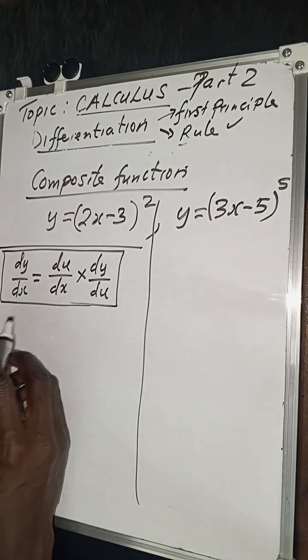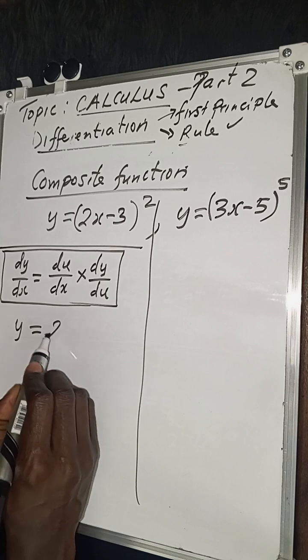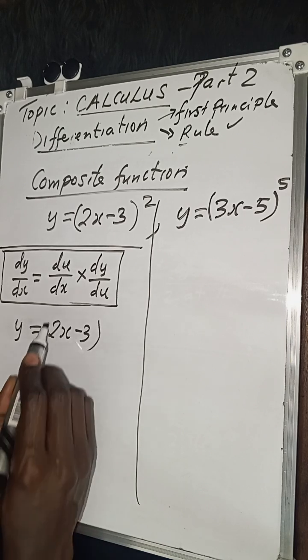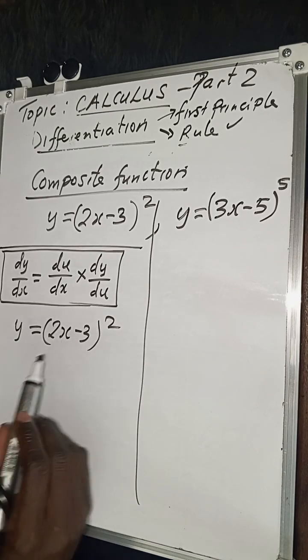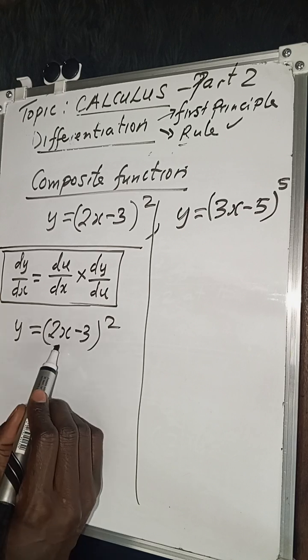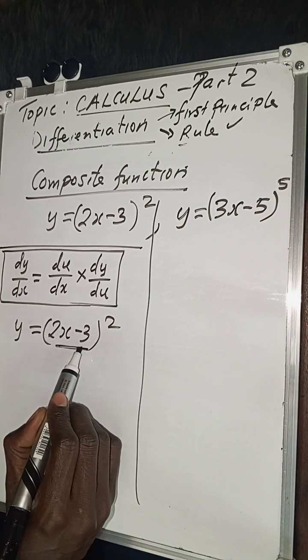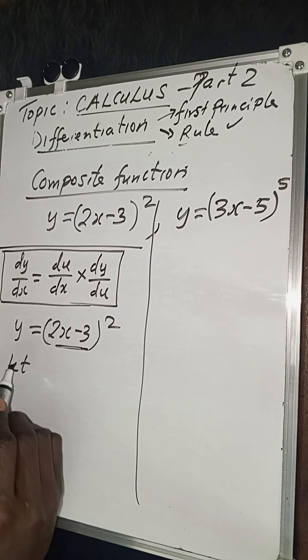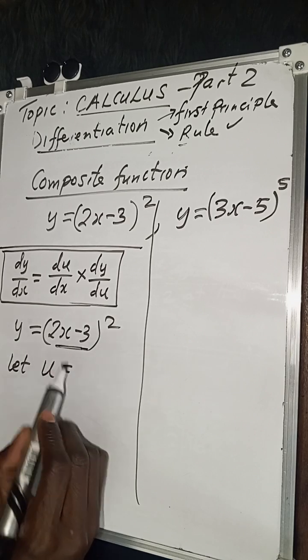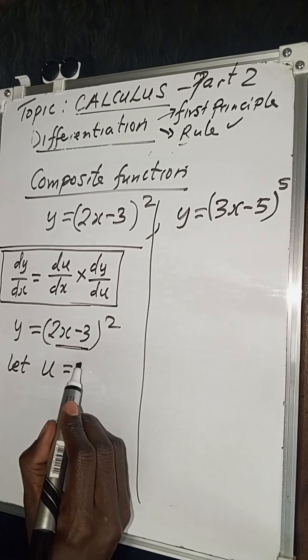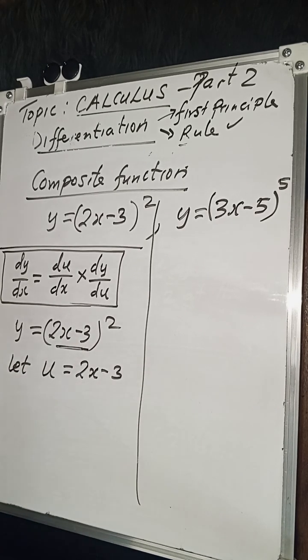You get that expression y is equal to (2x minus 3) raised to the power 2. So what you do is let the term in the bracket be equal to u. I'll simply say, let u be equal to the term inside, 2x minus 3.